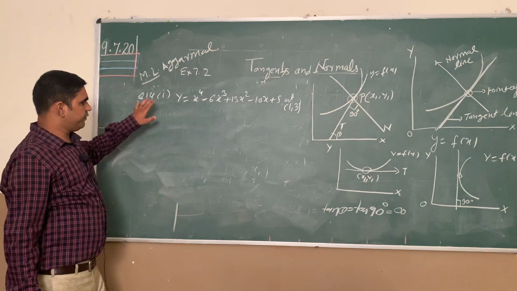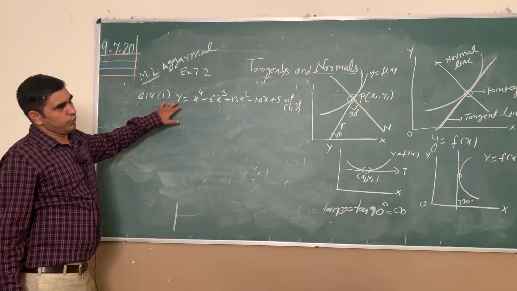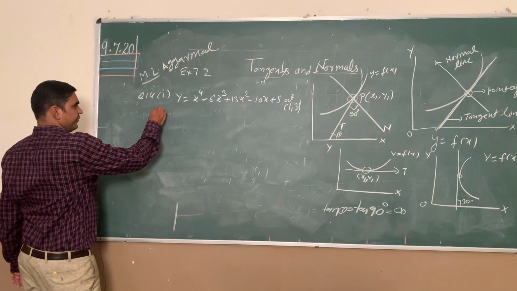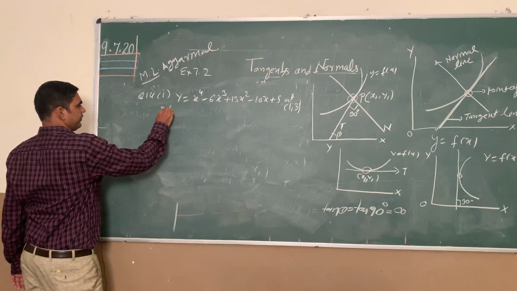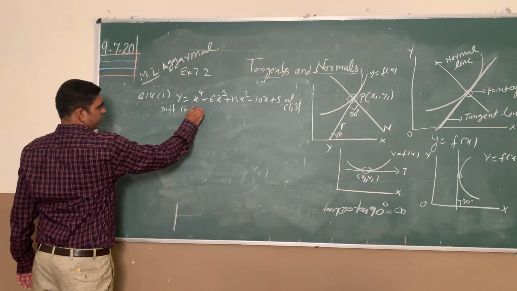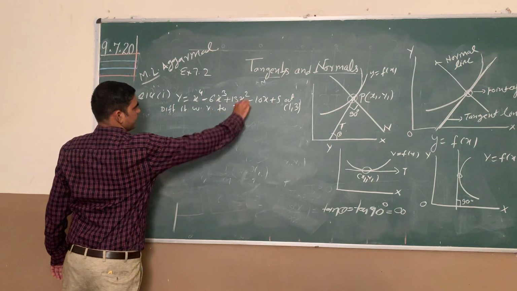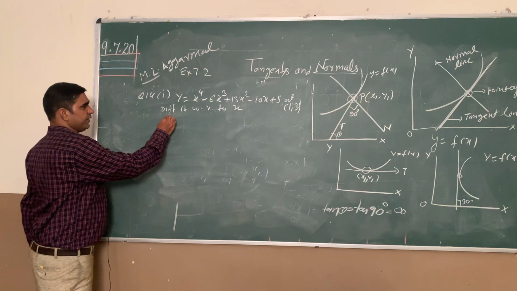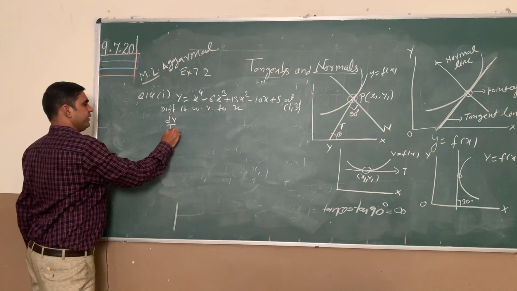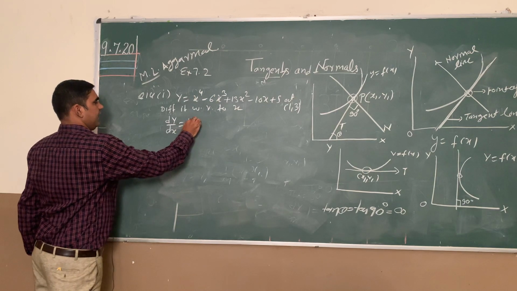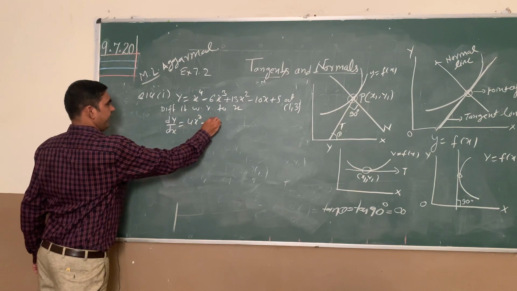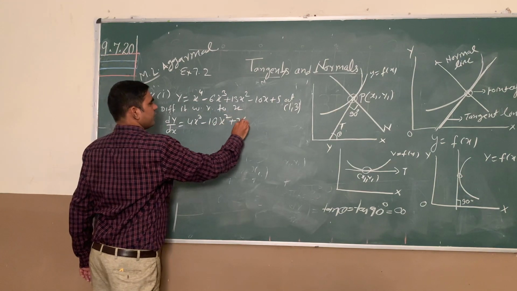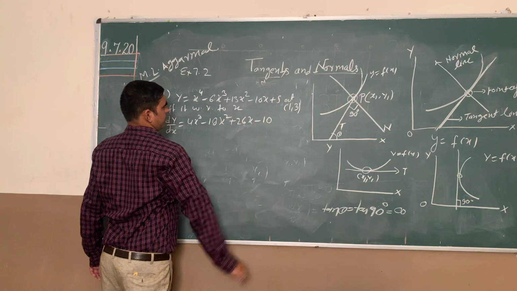first of all we have to find the slope of the tangent. So first of all, differentiate it with respect to x. So dy by dx equals, as you know, 4x cube minus 18x square plus 26x minus 10.